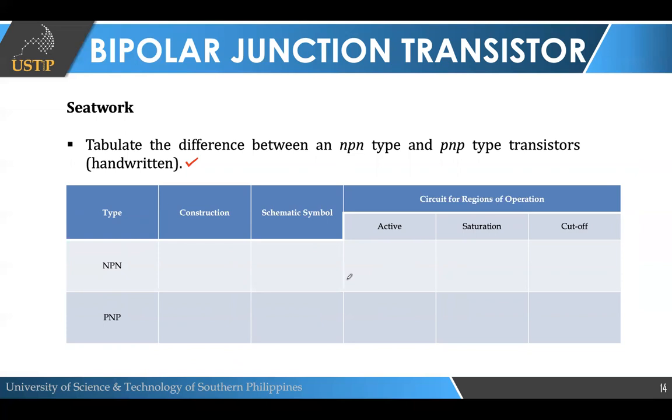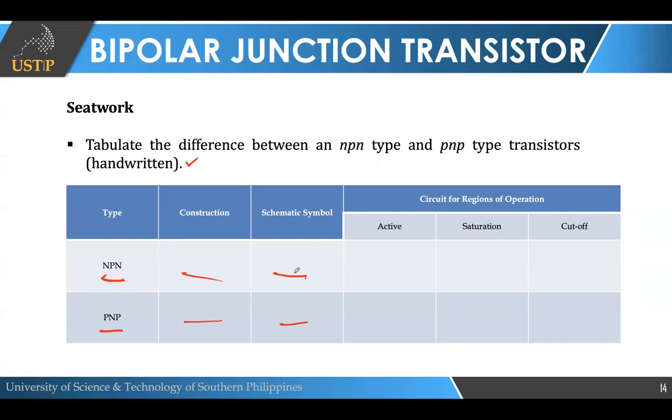Kay mag-draw man gud og circuit, okay? For NPN and PNP, you need to write or draw its construction. Then schematic symbol. Actually, dili tanan naa sa akong slides, but I won't be giving the slides to you until mahuman ang Seatwork.